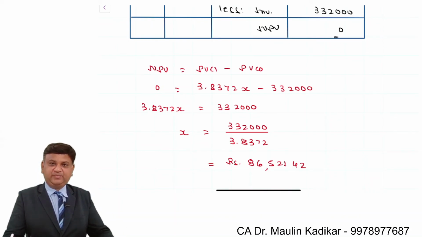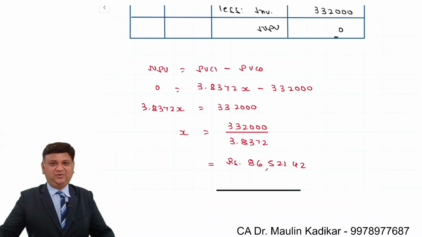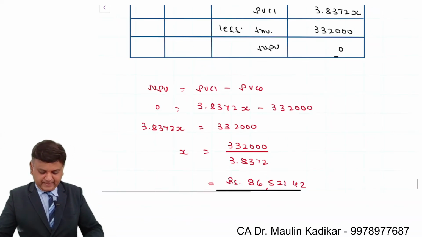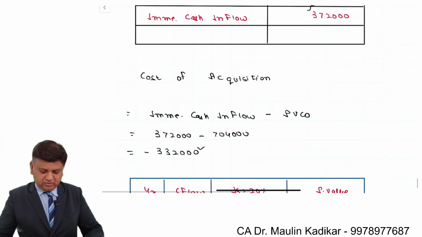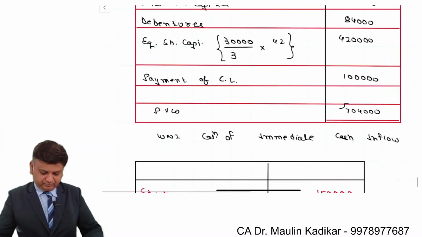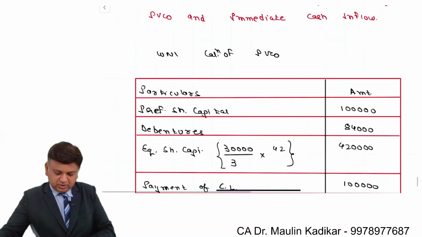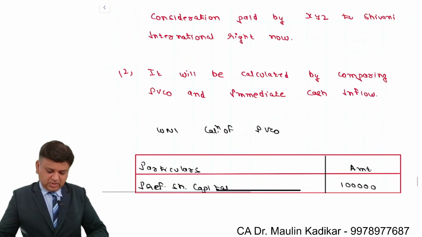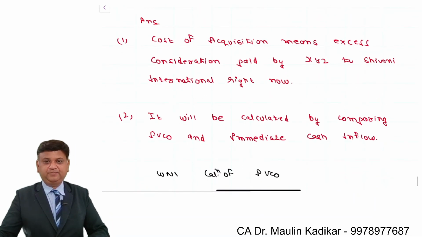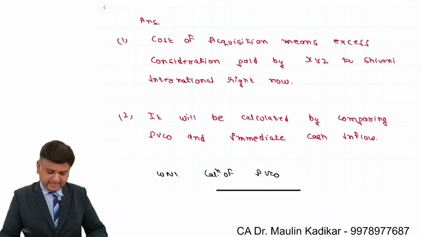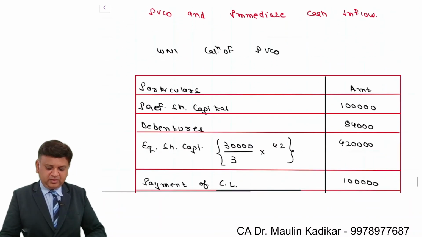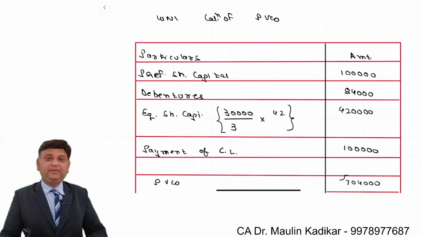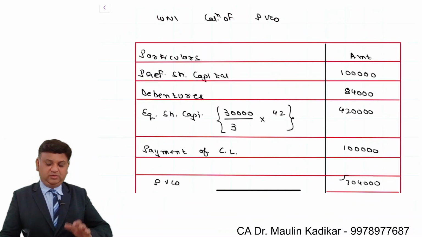So if at all the company is able to generate the annual cash inflow exactly of this amount, then the return is 20%. If the annual cash inflow is more, then in that case the return will increase. And if it is less, then the return will fall down. That is the way we are required to understand the answer. So, a summary for the entire answer. First of all, the cost of acquisition means the immediate excess cash outflow.